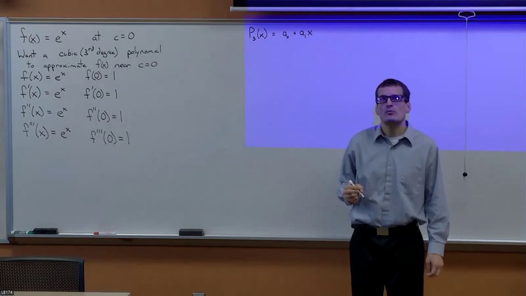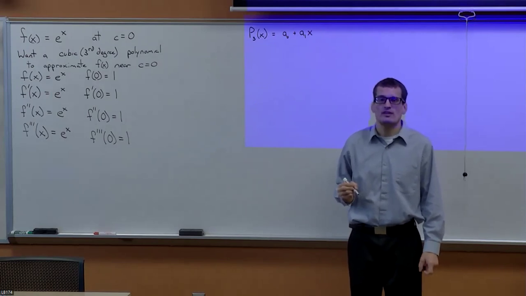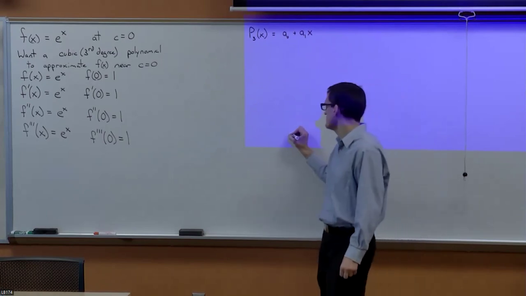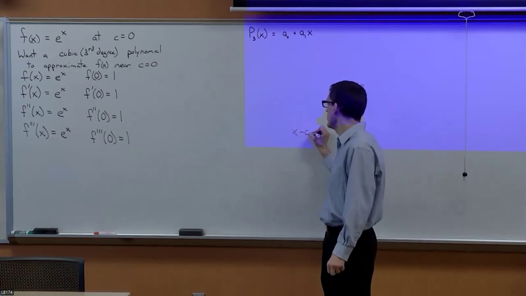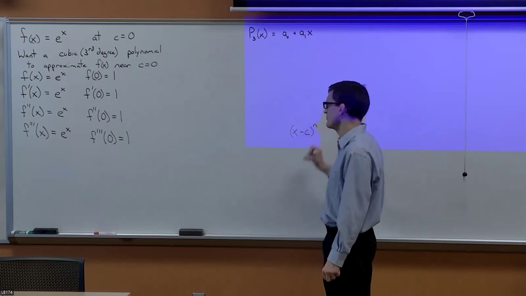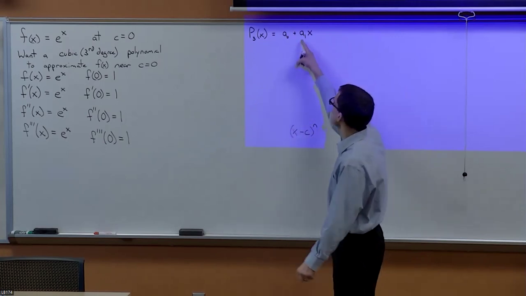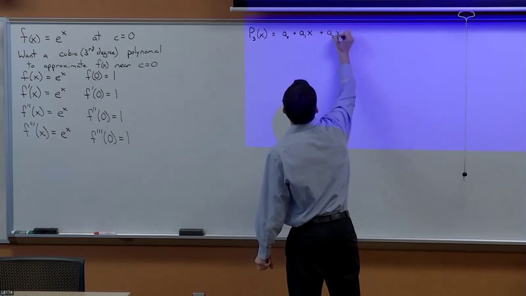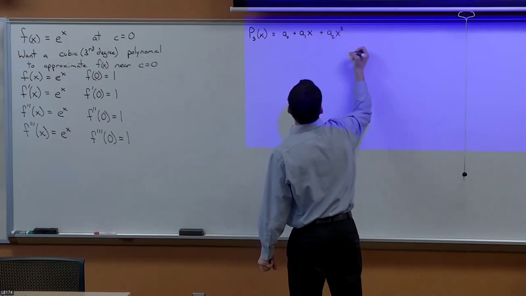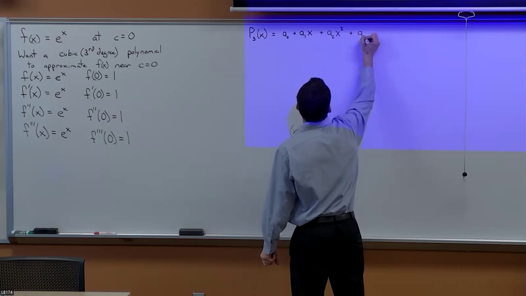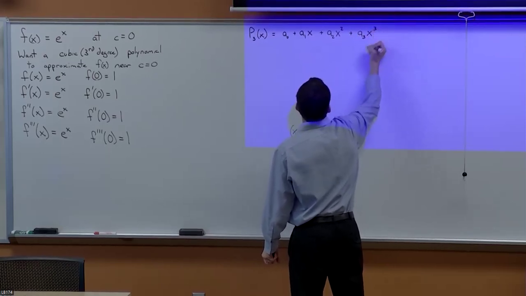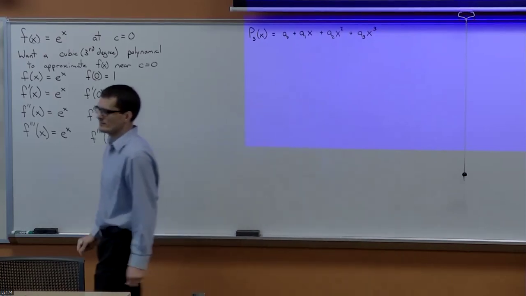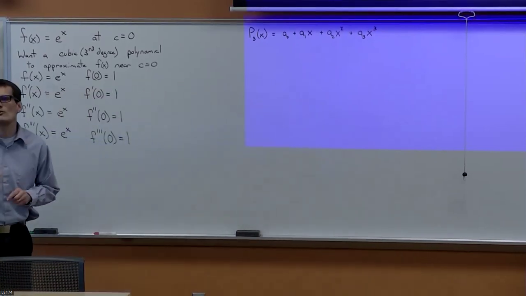Just like when we're dealing with infinite series, when we say centered at c, we're talking about x minus c to different powers. So that's the linear term. This will be the quadratic term. And this will be the cubic term. I don't know those coefficients yet.